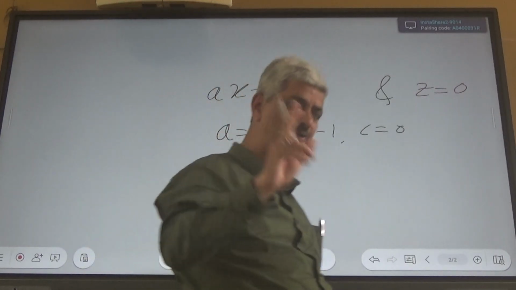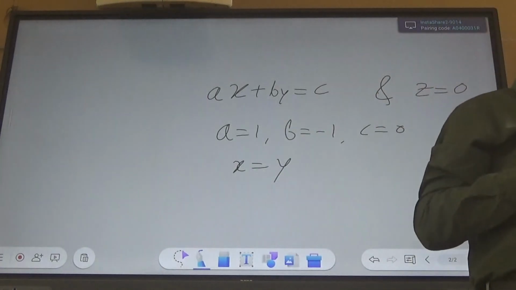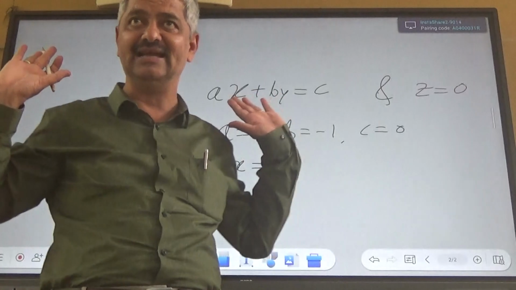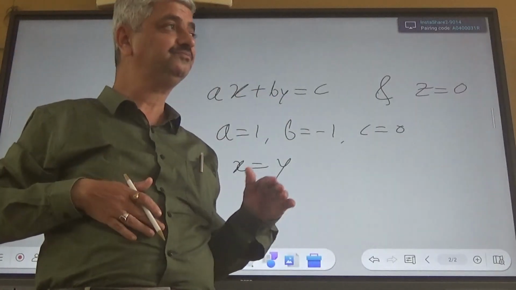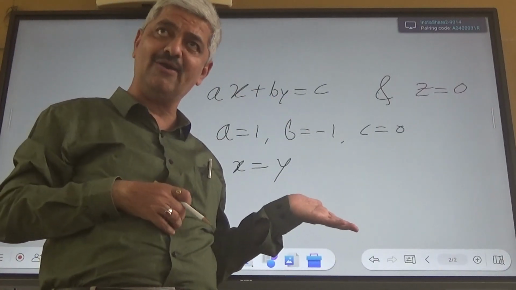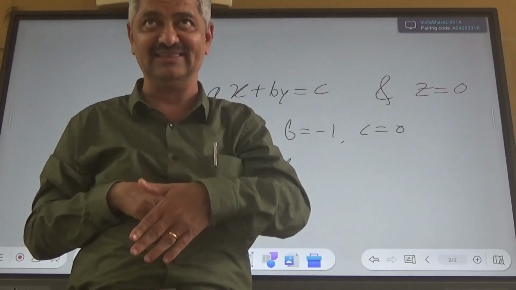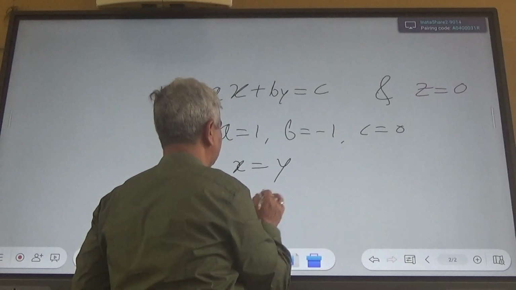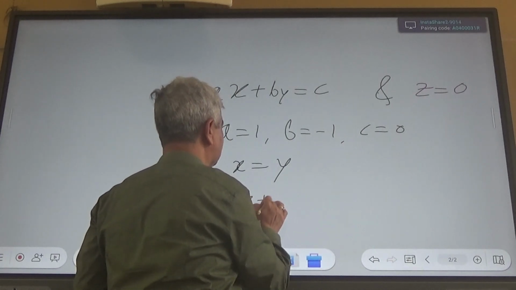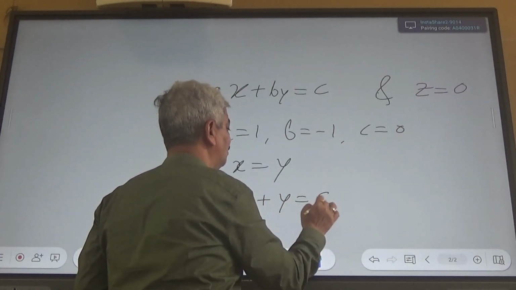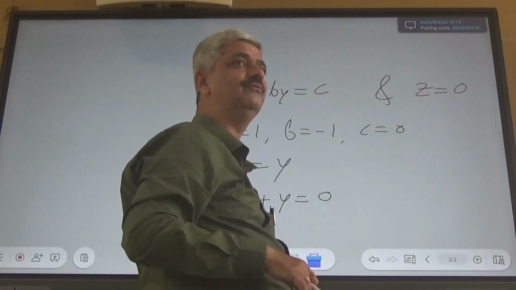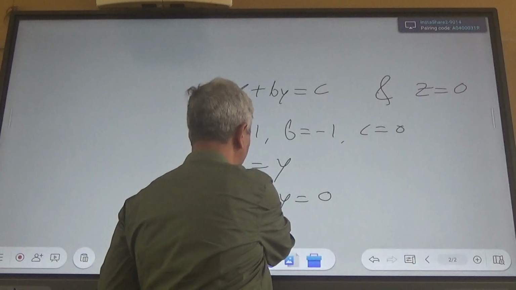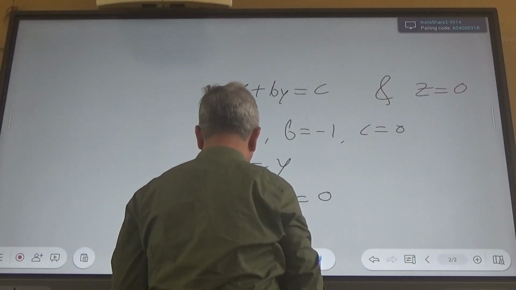So 2 variables, 1 equation, we get infinite solutions. Is it right? Now if I have one more equation, that equation is, let us say, x plus y equal to 0. If I have one more equation, or let us take some simpler one.